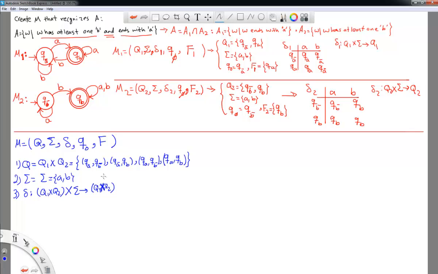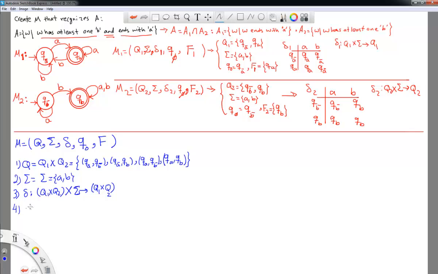Cross product. Let me just write it a little bit clearer. So I'm going to do Q sub 1 here, cross product with Q sub 2. I'm going to next write exactly what that transition function will be.